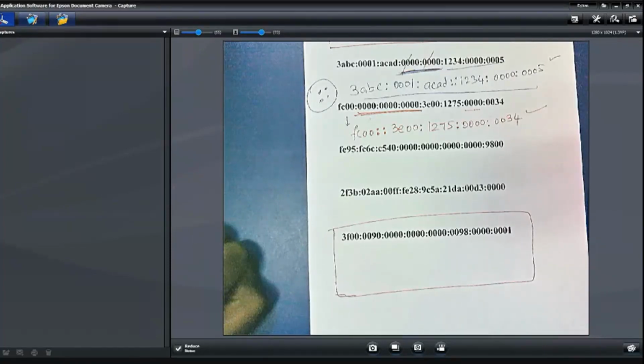Apply only rule number 2. Only rule number 2. Yes, I'm getting answers. 3F0.